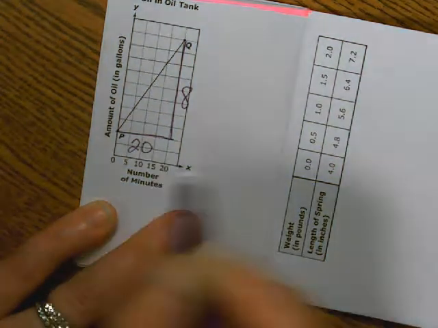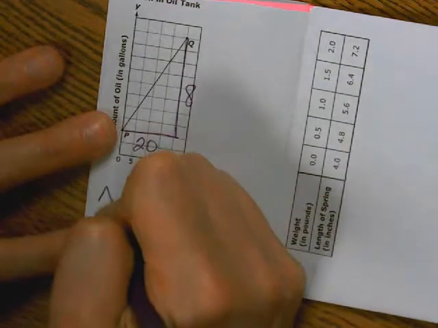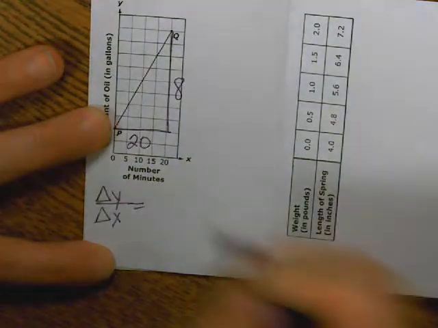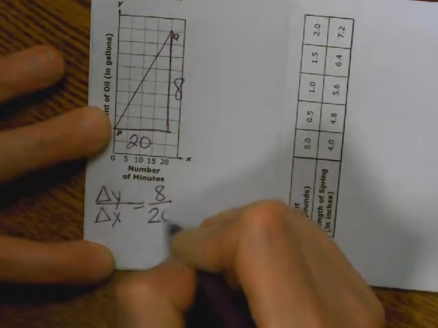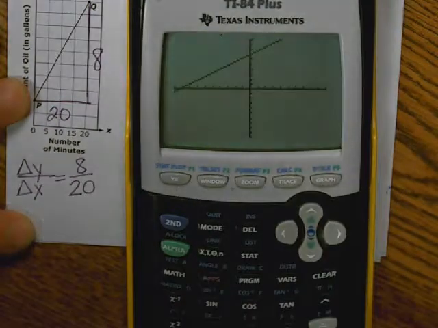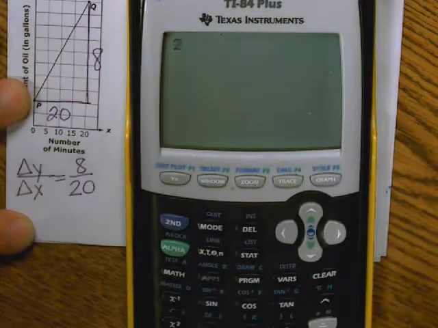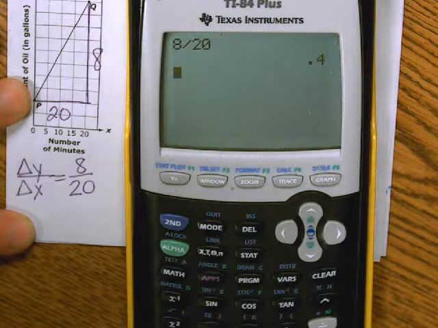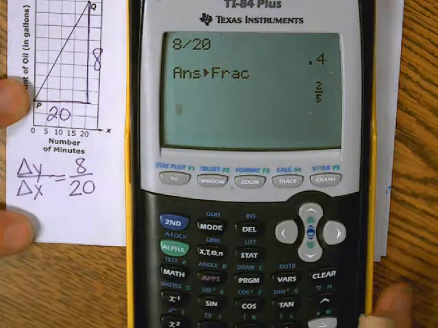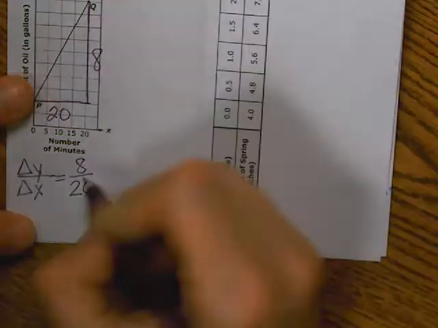From 0 all the way to 20. So we're going to write our change in y over our change in x. Our y changed 8, our x changed 20. The next thing you need to do is divide. So you do 8 divided by 20, and then you push math, enter, enter, so that you get the fraction to work with, which is 2/5.